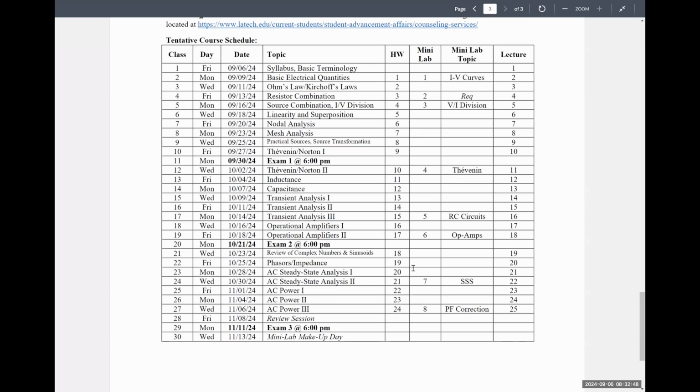There's already a day dedicated to that. For whatever reason, I very regularly have students come and have to do 5 of the 8 mini labs on that day because they realize that they need those, I guess it would be 3.75 points, in order to make the grade that they need in the class. So anyway, it's already there. So if you miss a mini lab, it's not the end of the world. There's already a day to make them up.